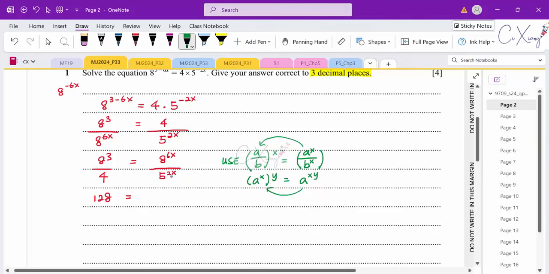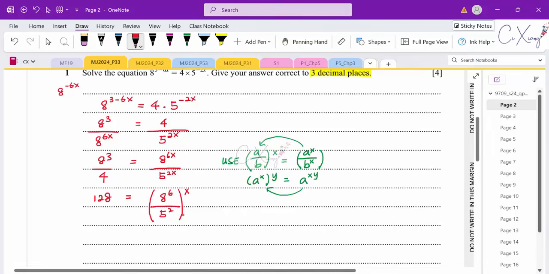If I look at this fraction, both of the numbers 8 and 5 have the power x. So what I want to do now is pull out the power x, leaving only 8 power 6. Then I also pull out the power x, leaving 5 squared. I'm applying two rules at the same time for this particular step.